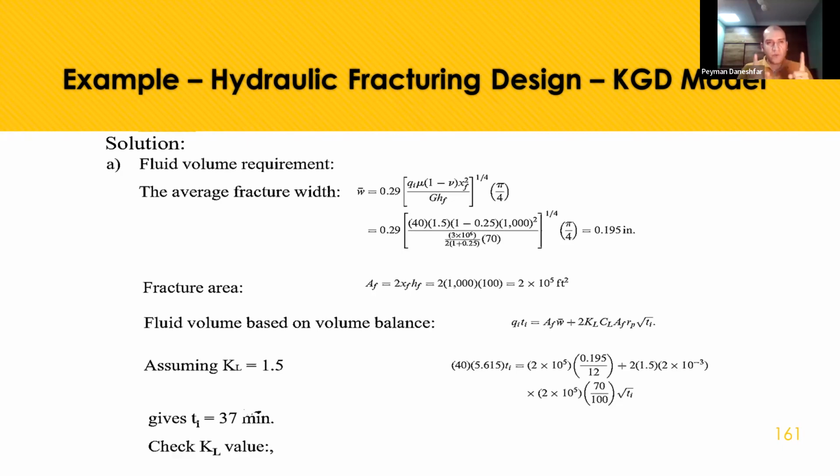First of all, for the KGD model, you can assume that KL is between 1.2 and 1.7, which every time will give us a result, but a reference book suggests, suppose, 1.5. With 1.5 we can calculate the time, 37 minutes. With this time we can check the KL value.